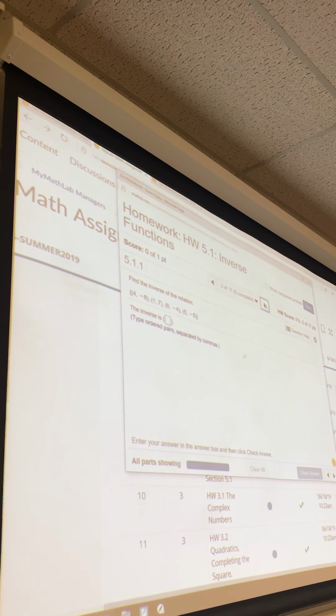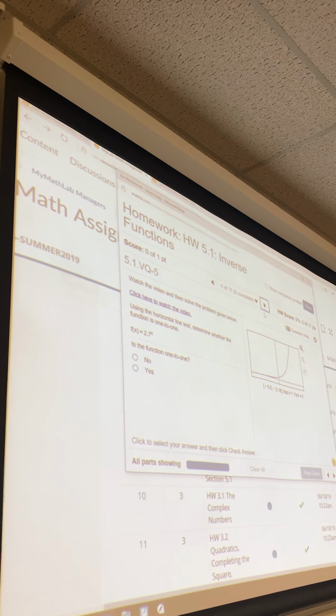And I'm guessing that you're not talking about the basic idea, you're talking about where we actually have to find it. Okay.